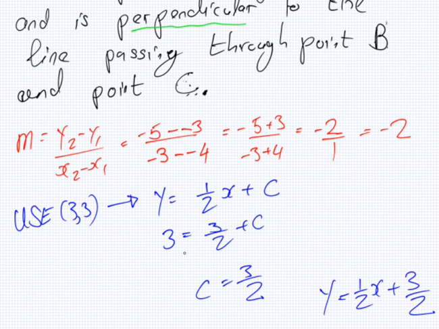Sorry, I meant to say B and C here at the end. Okay, that's what it should be. And it's perpendicular to the line passing through point B and point C. So I want you to try and draw this.